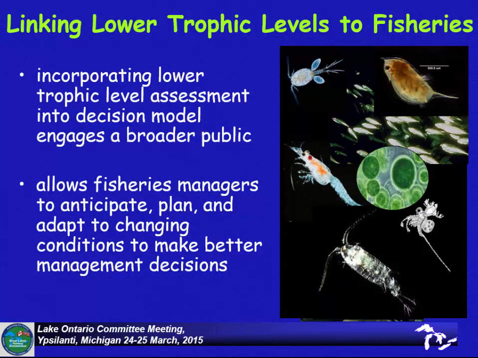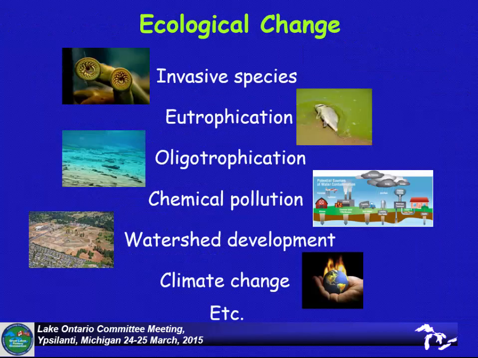But it also allows fisheries managers to anticipate, plan and adapt to the changes going on in the system with a little more foresight, by understanding what's feeding the production that ultimately supports the fisheries. There are many ecological changes out there: invasive species, changing nutrient status, initially eutrophication, now oligotrophication, chemical pollution, watershed development, and so forth.